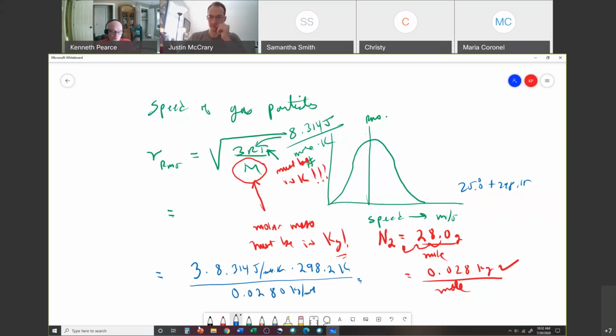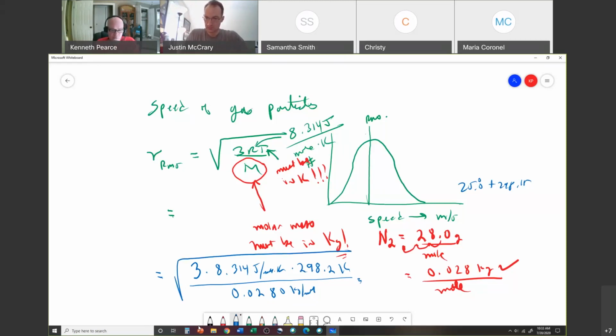And what do we get here? Well, hopefully we're going to get somewhere around 540 meters per second. I don't remember it precisely, but I think that's about right. 3 times 8.314 times 298.2 divided by 0.028. And then we need to make sure that we take the square root of that when we're done.